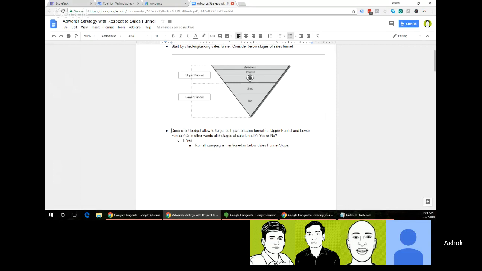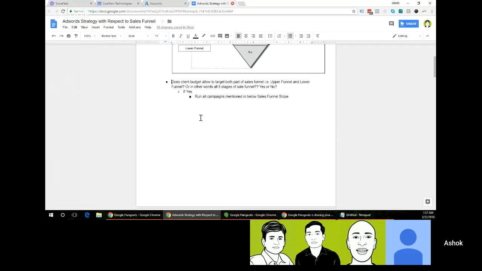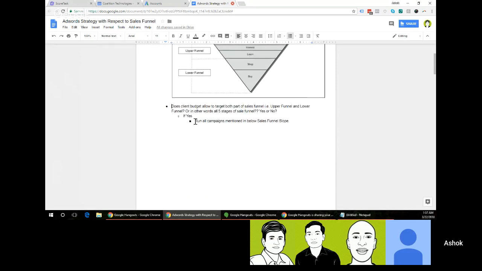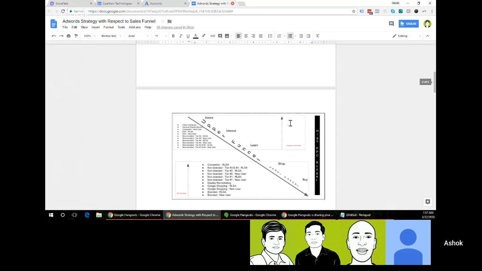Maybe three, four, or about 10% of our clients have big budgets, and we are running upper funnel targeting campaigns. So decide that with the budget first. Is the budget good enough to target both funnels, upper and lower, or not? If yes, then run all the campaigns mentioned in the sales funnel below.